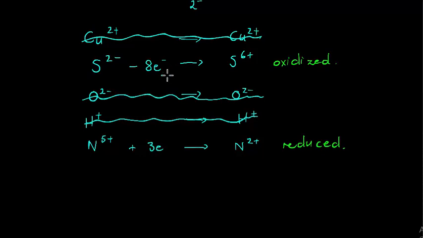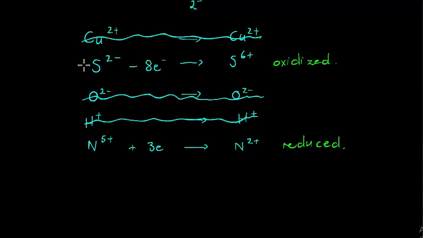Okay, but now I would like to have this exchange be equal. In other words, I would like this 8 and this 3 to somehow correspond. What is the closest number that they can get to? That would be 24.